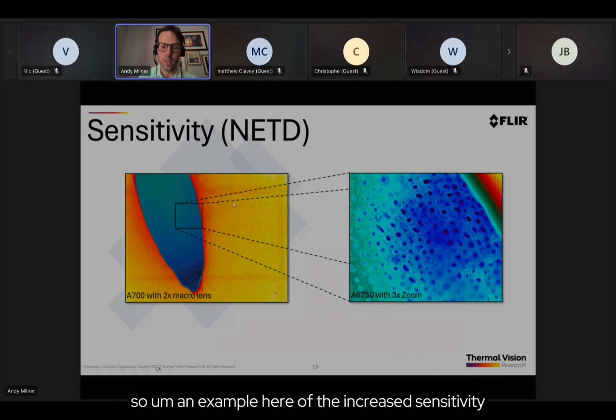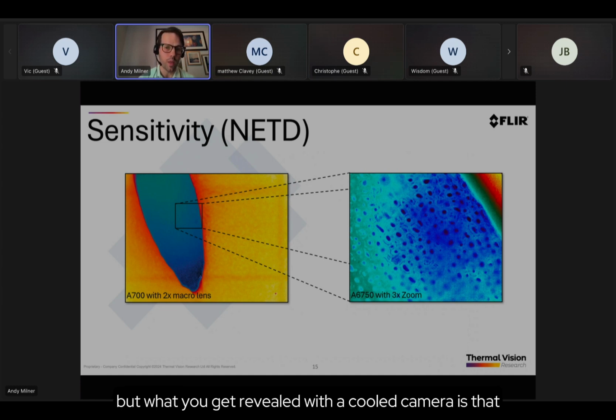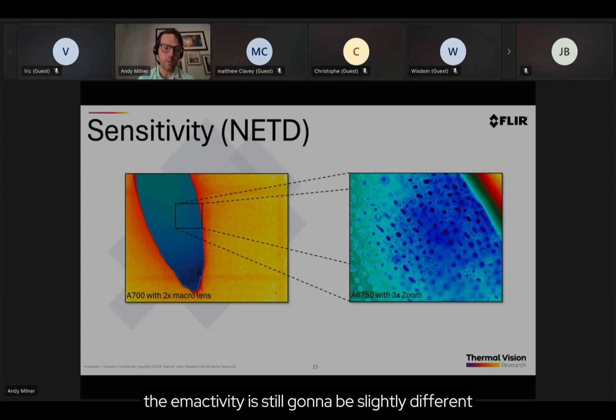So an example here of the increased sensitivity with a cooled camera. On the left-hand side, this is a plant leaf, and you would expect it all to be pretty much a similar temperature, you know, it's a homogeneous surface. But what you get revealed with a cooled camera is that even on a particularly homogeneous surface, the emissivity is still going to be slightly different from millimeter to millimeter.